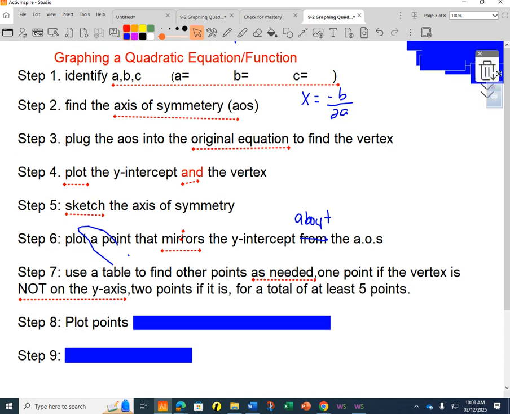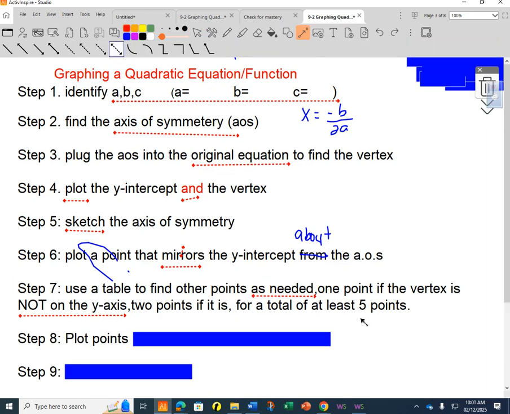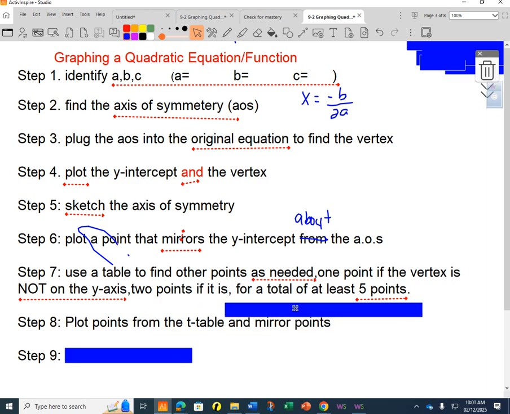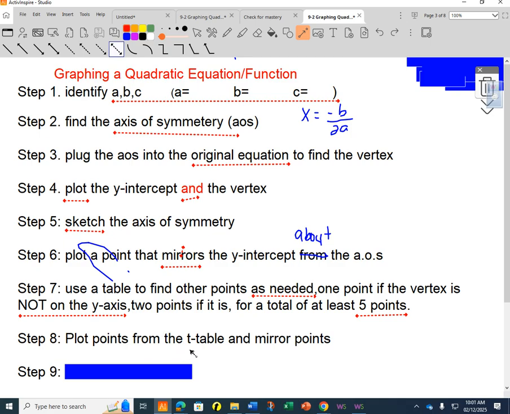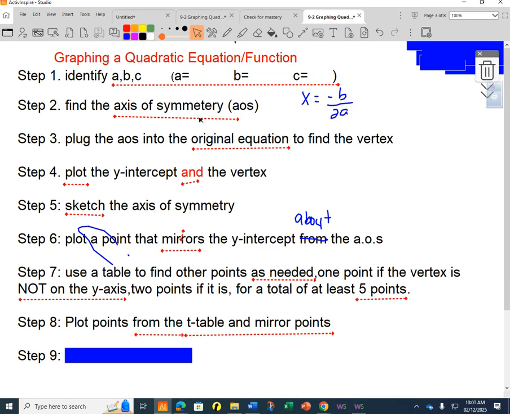You could do more points if you want, but 5 points is what I'm requiring. So once we make the T table, we find the points and plot them. We're plotting the points in the T table, and we're going to mirror points from them. And the very last thing we're going to do is sketch the parabola.